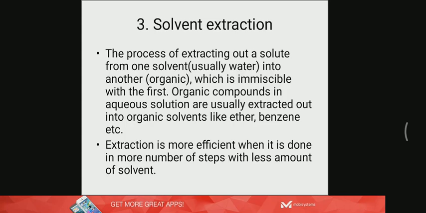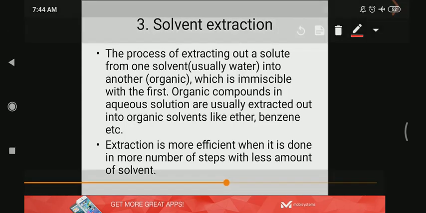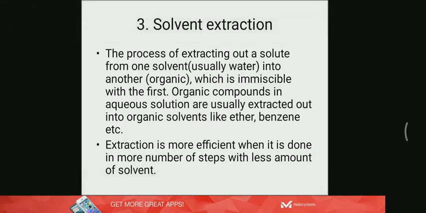Generally that is done using an instrument called a separating funnel. You might have seen this in the lab. So what we do is, we have a system containing an aqueous solution of an organic compound. We have to extract this organic compound from this aqueous layer.